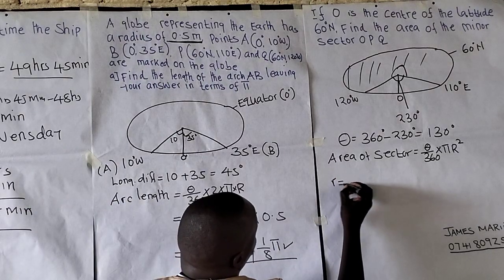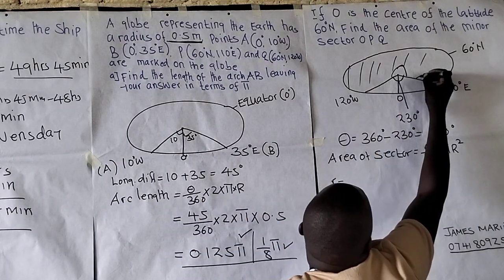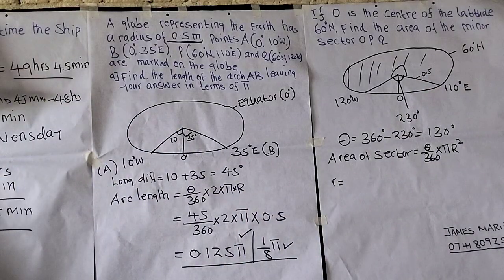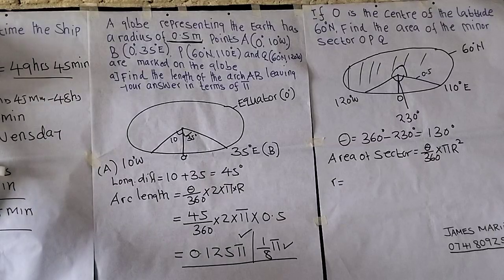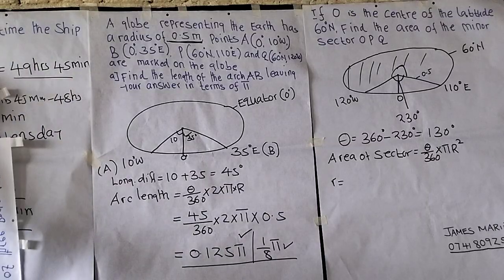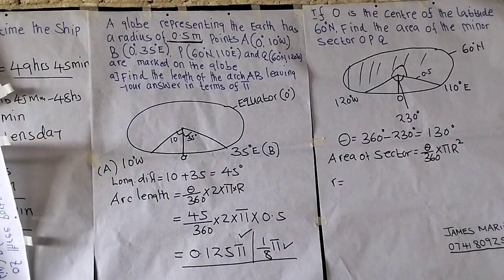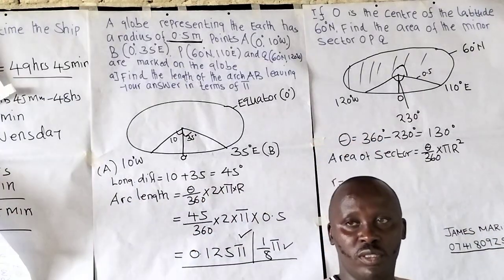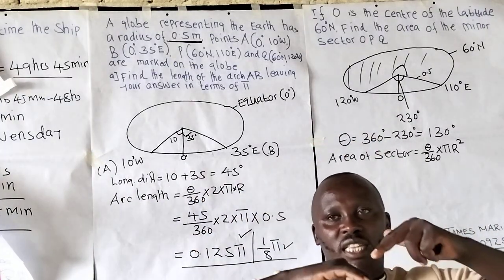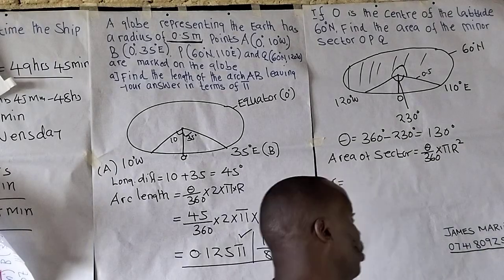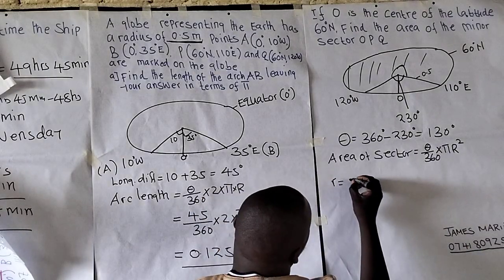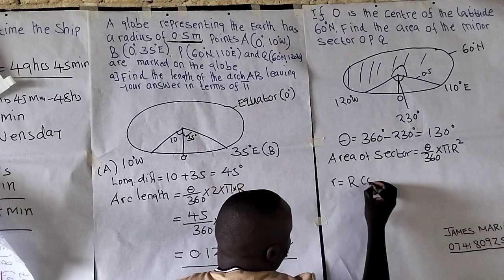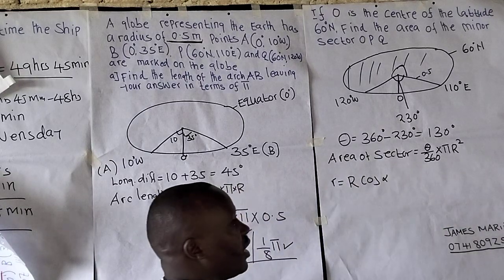Remember this one is 0.5, and as we move from the equator towards the south or north, the globe becomes smaller. So that radius is the radius of the earth times cos theta.